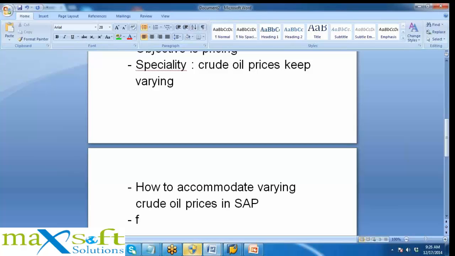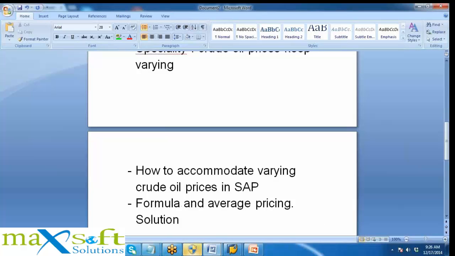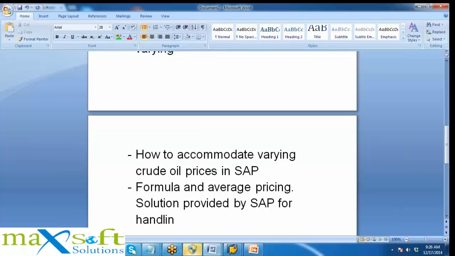Okay. There is a topic called formula and average pricing. This is the solution provided by SAP for handling the crude oil pricing issue.